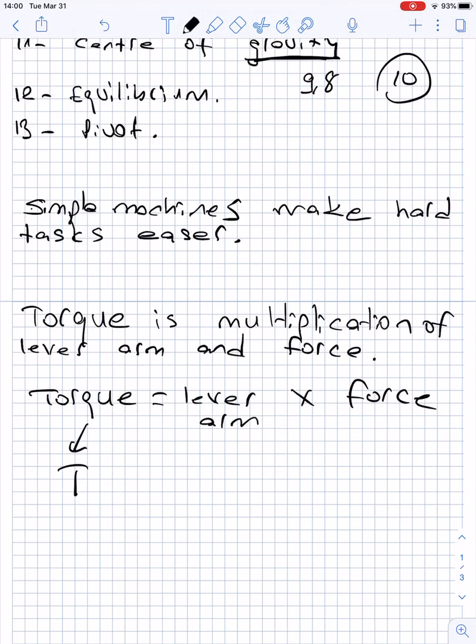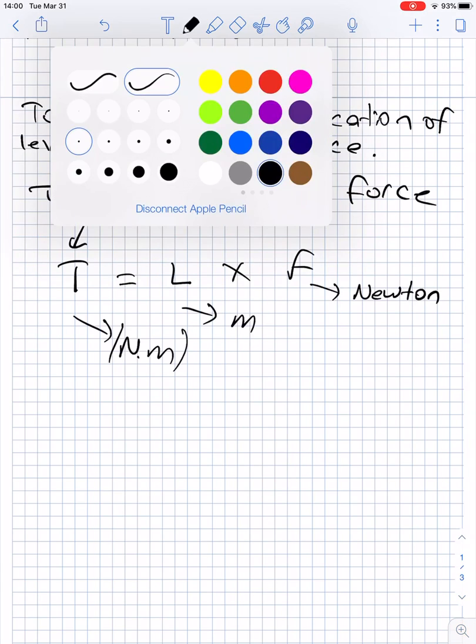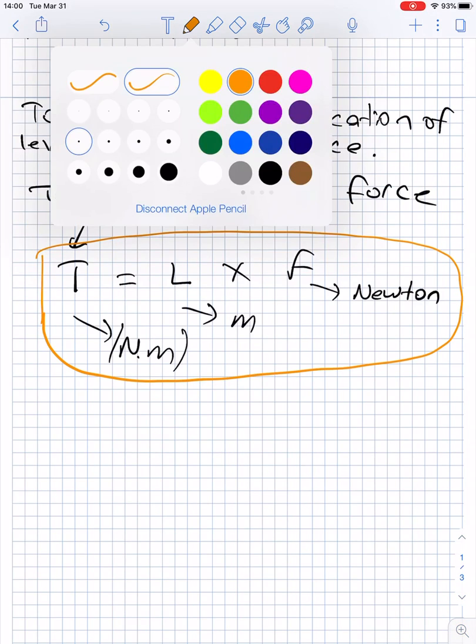The symbol of torque is T, the lever arm symbol is L, multiplying force, always F. And we know force unit is Newton, L unit is meter, and torque will be Newton multiplying meter. This is our torque formula.